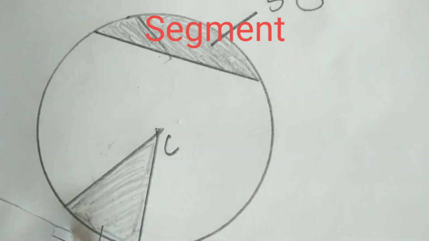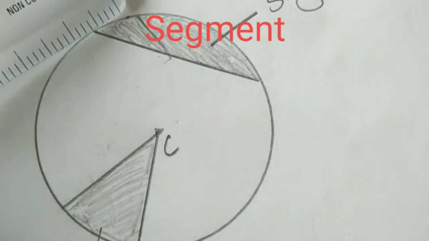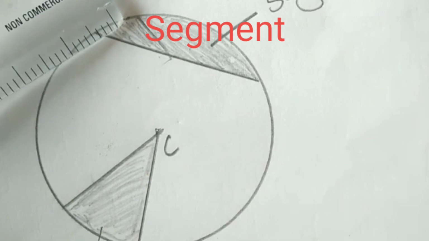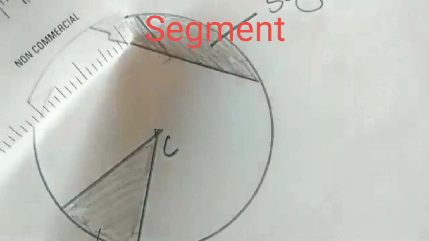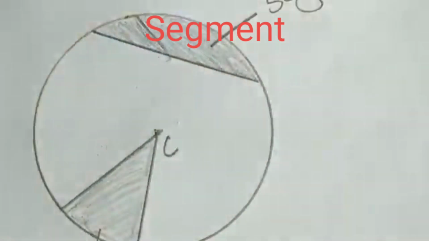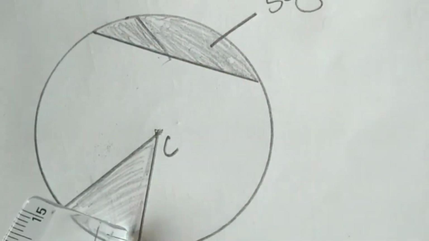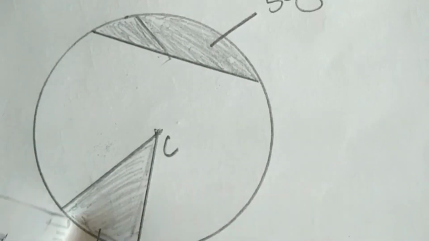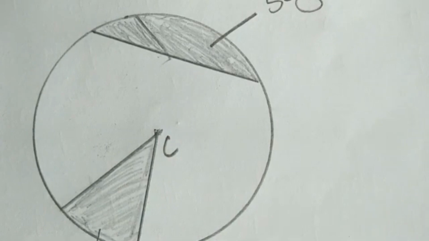Here the sector was enclosed by an arc and two radii, but the segment is enclosed by an arc and a chord. So this is a segment of the circle, a small portion of the circle. Here also it is a portion of the circle, but it is enclosed from the center. So this is the difference between sector and segment.